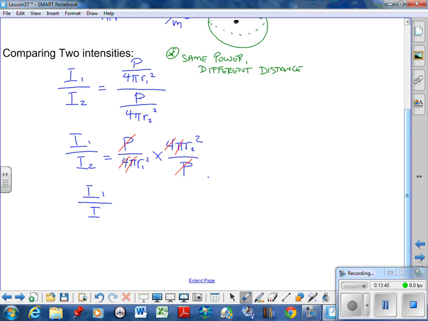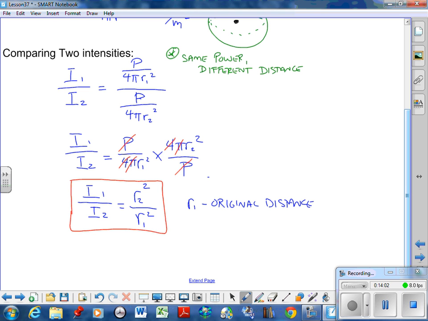If you're comparing two intensities, it's simply the new distance squared divided by the original distance squared. So there's your first formula relating the intensity of sound. So R1, original distance, and R2 is your new distance.